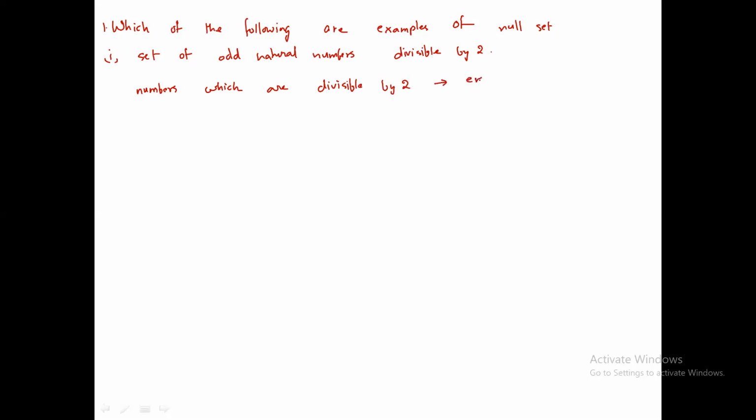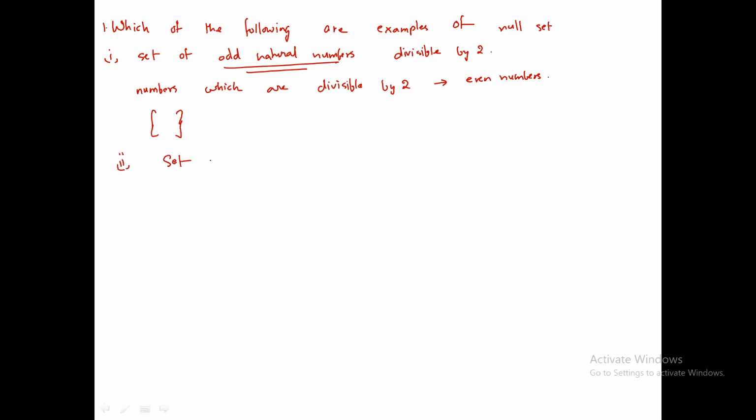They are even numbers. But we are supposed to write odd natural numbers. That means no odd number is divisible by 2. So I cannot write any odd number which is divisible by 2. It is empty set.